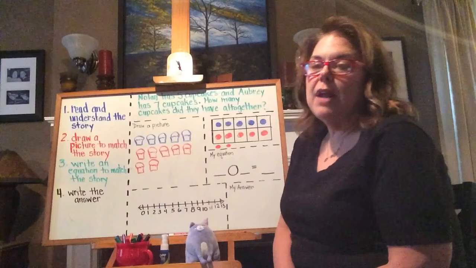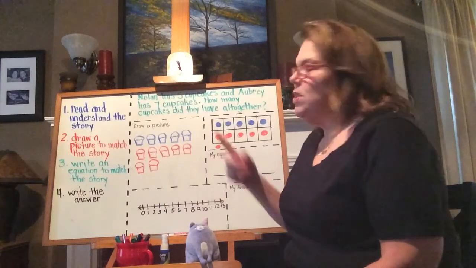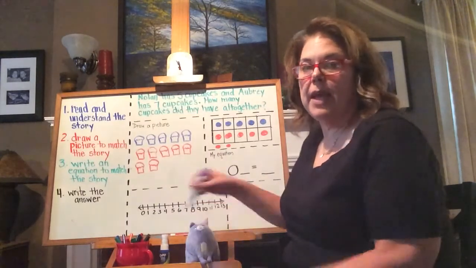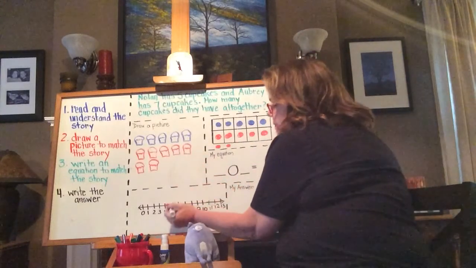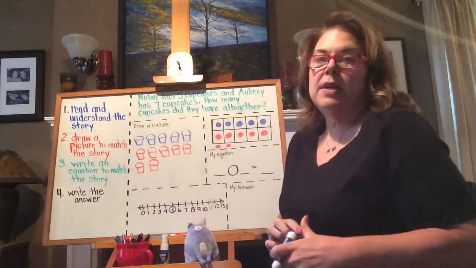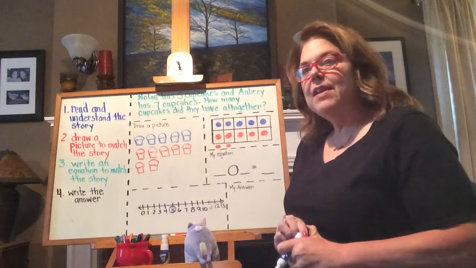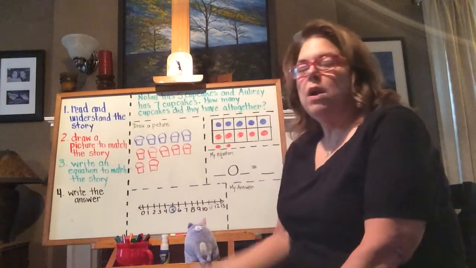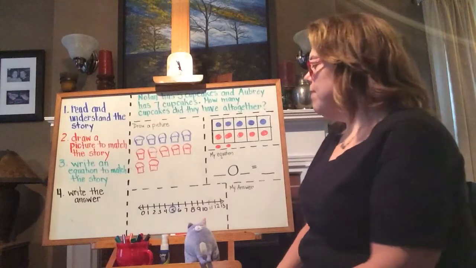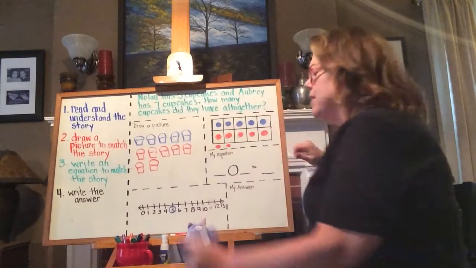Okay, so when we use our number line, what we're going to do is we start with the number that we had first. So Nolan had 5 cupcakes. So I'm going to find the number 5, and I'm going to circle it because that's where I'm going to start. Then I need to add on what Aubrey had. She had 7 cupcakes. So we're going to start at the number 5 and jump 7 spots forward.